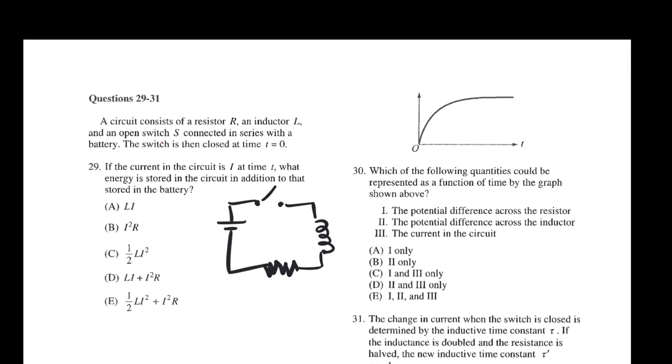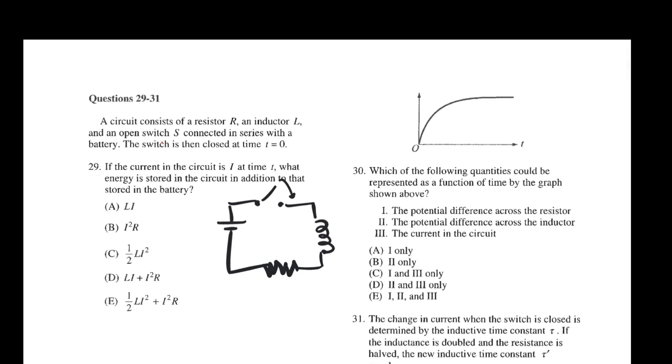So we close the switch in this circuit. We know that initially the current in the circuit is 0 and it builds to a steady state condition. So as I look at this graph, I know that current in this circuit is going to fit this graph because it's going to start at 0 and build to a steady state condition.